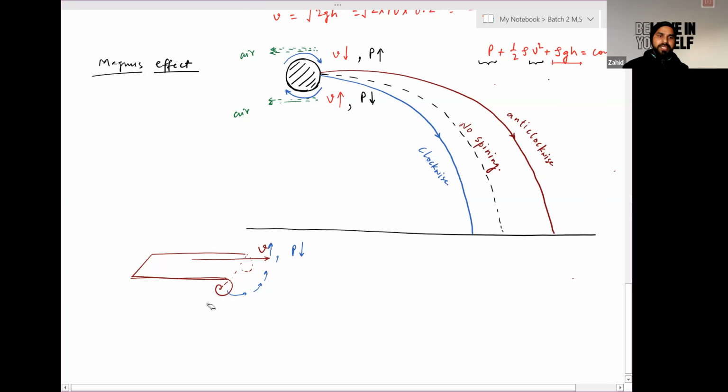So there will be a pressure difference between the bottom and top surface. Pressure will be larger at the bottom point as compared to the top surface. This pressure difference will tend to move this paper upward. So it will move towards the upward direction. Is it clear? Yes, sir.